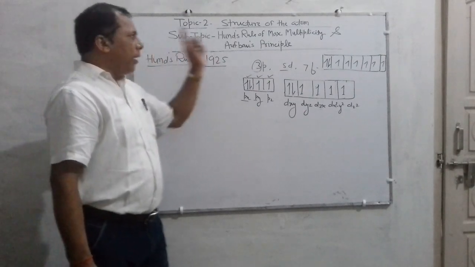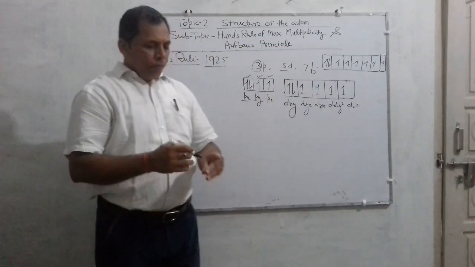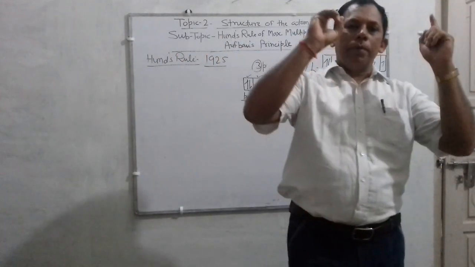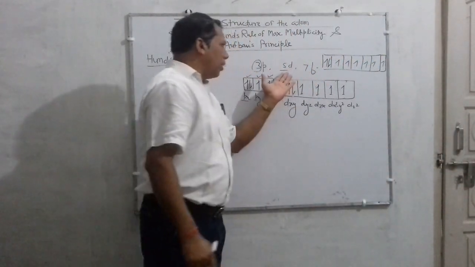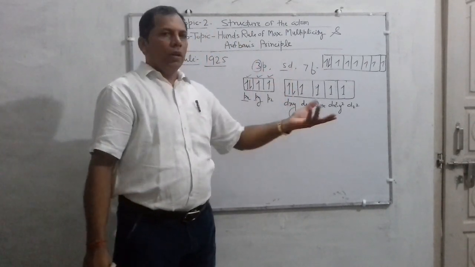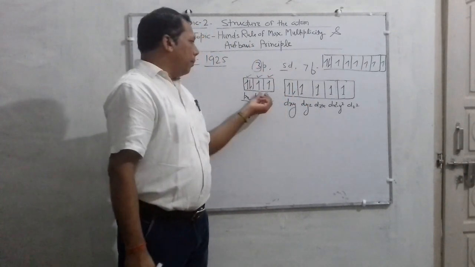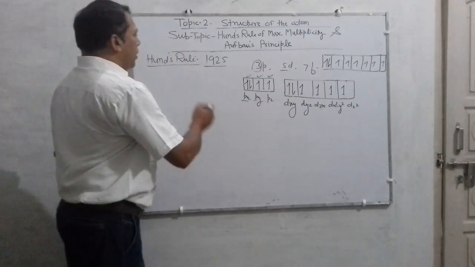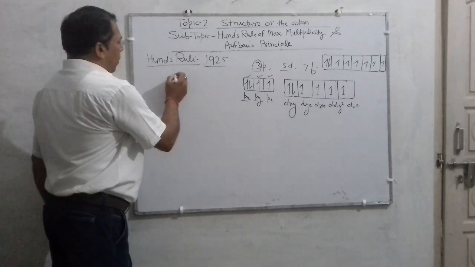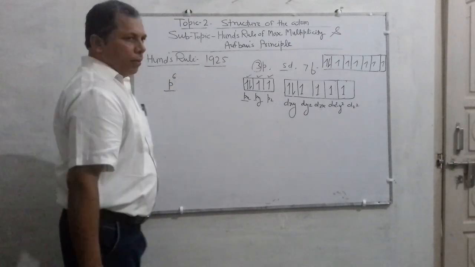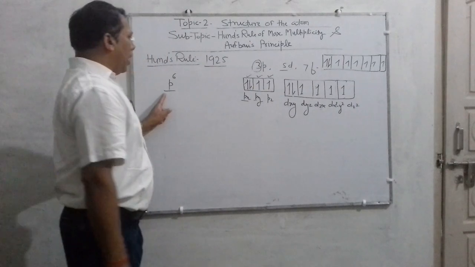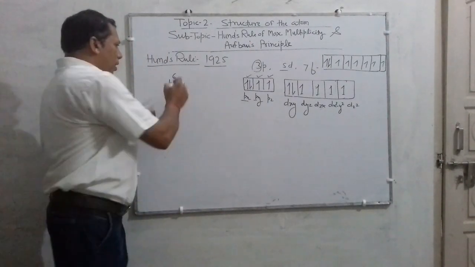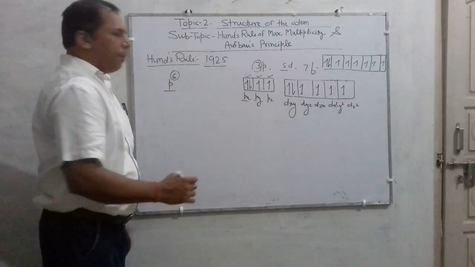And one thing, why is it called maximum multiplicity? So children, you know that an orbital contains a maximum of 2 electrons. Suppose we have to write the configuration of p6. Suppose we have to represent this Hund's rule for p6, meaning there are 6 electrons in the p subshell.